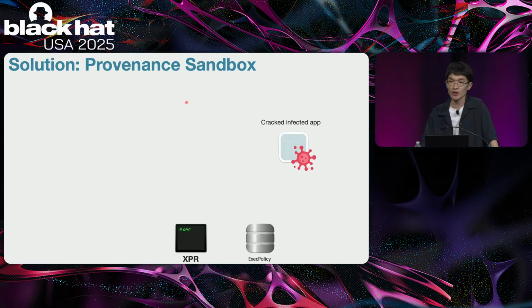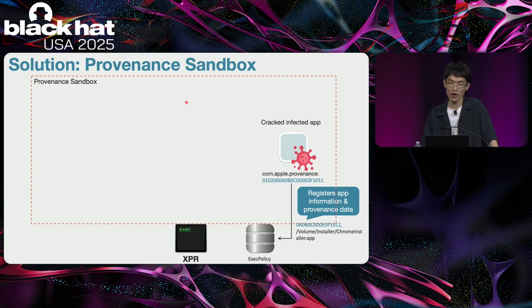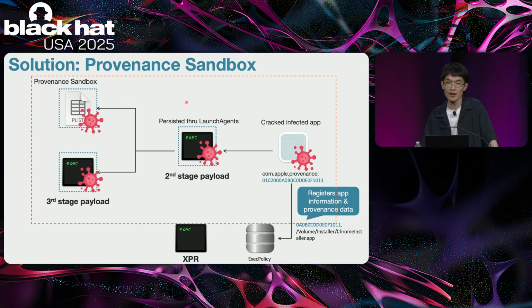When an app is launched for the first time, syspolicyd records information about it into the XProtect database. As part of that, a special provenance attribute is added to the cracked app. From then on, the app runs inside the Provenance sandbox, and any files it creates inherit the same provenance attribute.